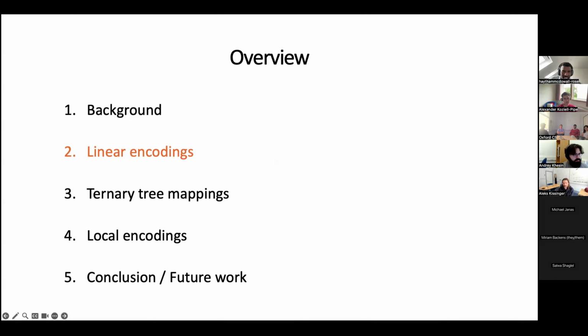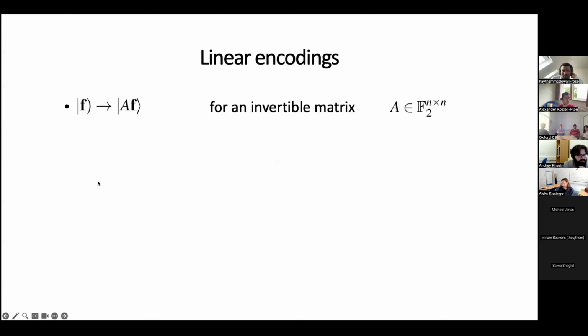Great. Let's talk about linear encodings. If you Google fermion-qubit encodings, these are probably the first kind that you'd come across. They are simply given by some invertible binary matrix A: you map the fermionic vector F to the qubit state given by the bit string AF.